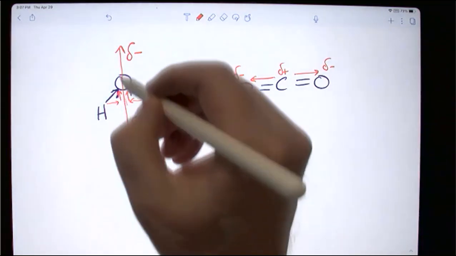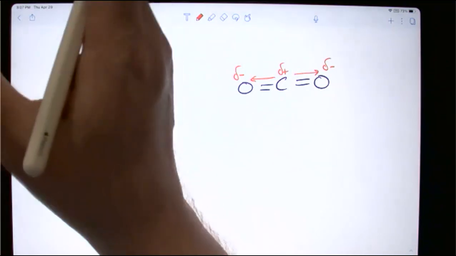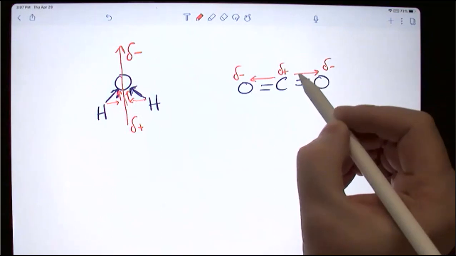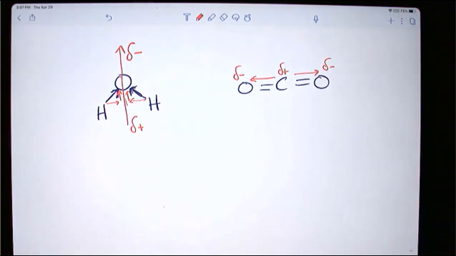The oxygen moved up because hydrogen pushing and hydrogen pushing moved it up. Somebody over here is pulling this way, somebody over here is pulling this way, and they're pulling equally hard. What happens to carbon in the middle? Does he move? If he doesn't move, which I agree, why doesn't he move?